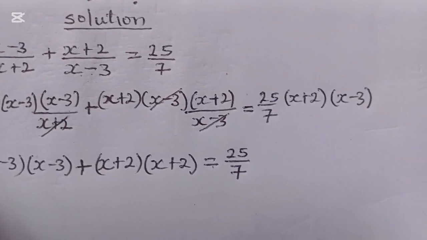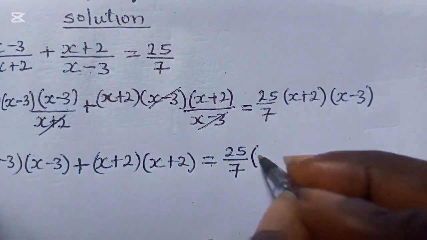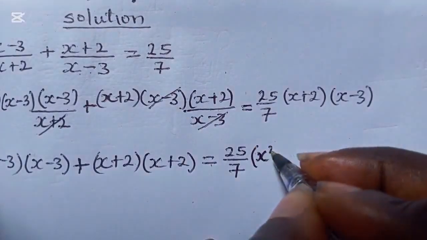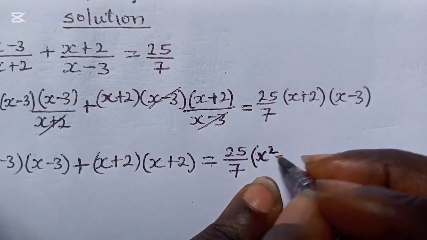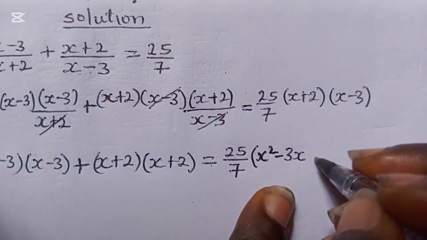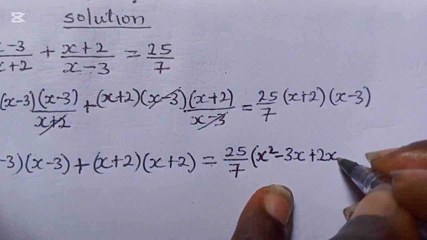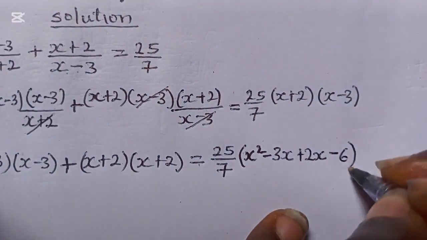So we can easily expand this. If we expand that, we are going to have x square, minus 3x, plus 2x, minus 6.